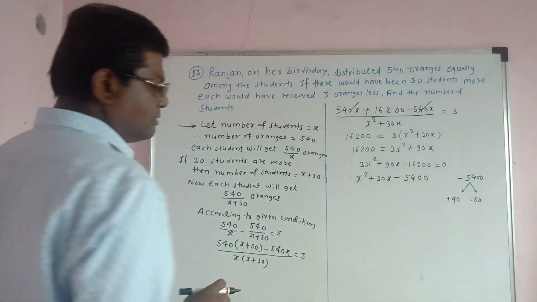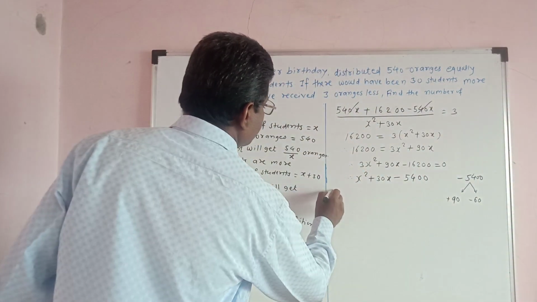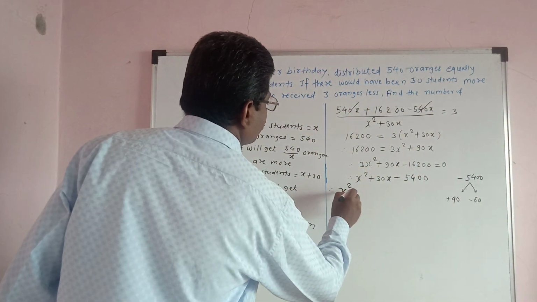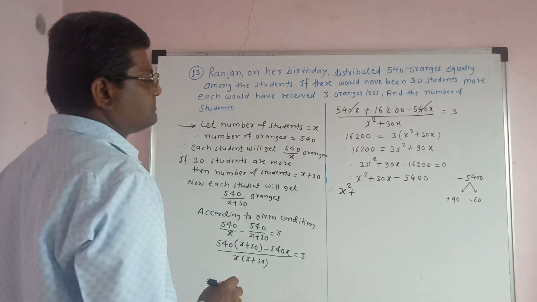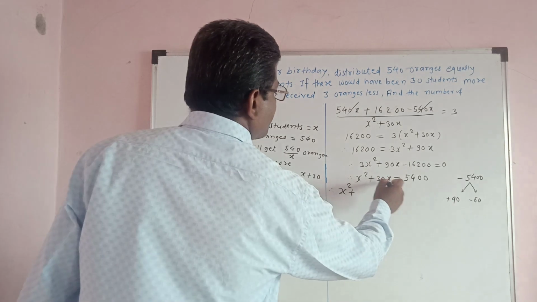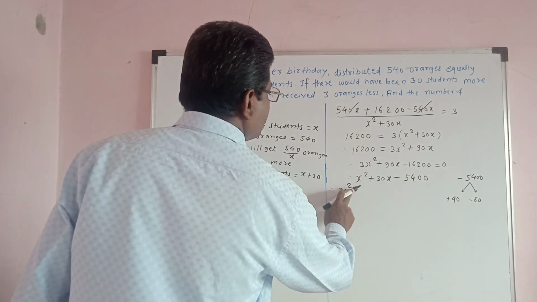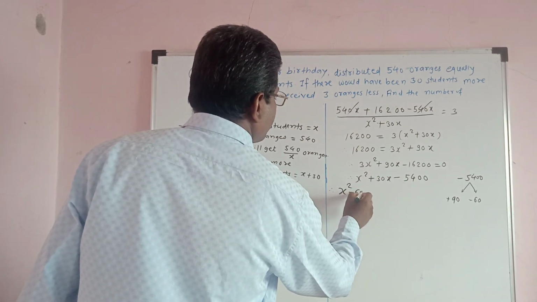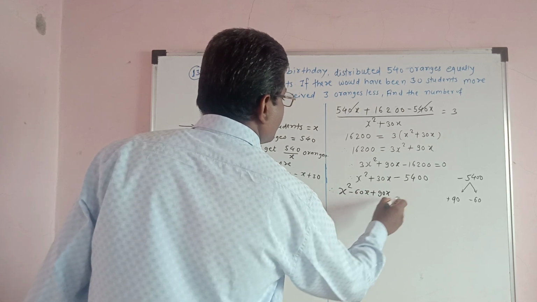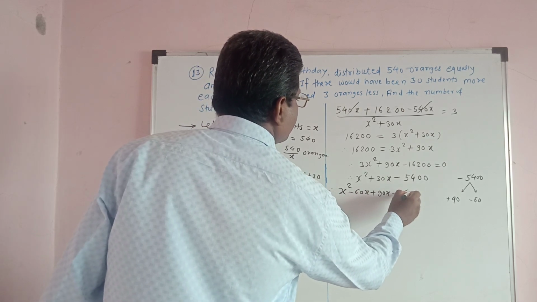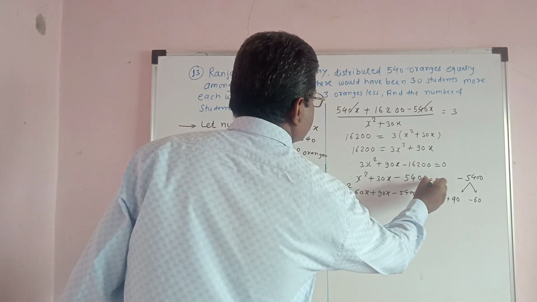Therefore we write this quadratic equation as x square, this 30x can be split up as minus 60x plus 90x, minus 5,400 is equal to 0.